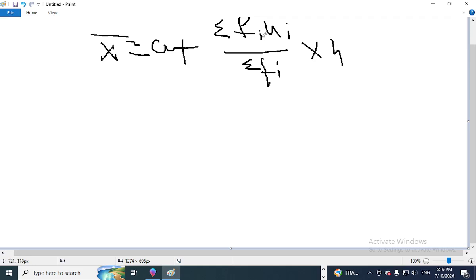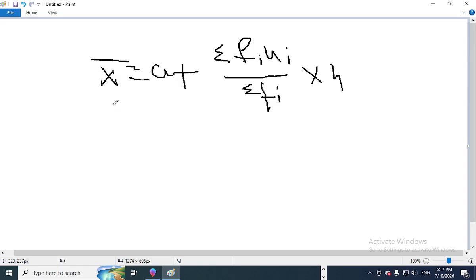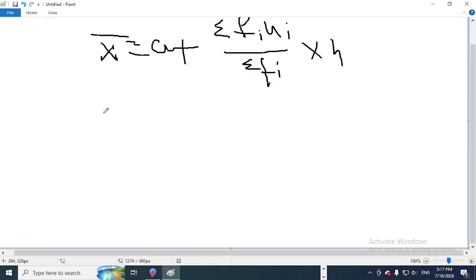Here the sigma Fi Ui value we got, and the sigma Fi value also we got, and the height of the class, 2, we have found. The assumed mean we have taken here. The mean of the daily allowance is given as 18. By substituting all these values, we will get the final solution, that is the F value.